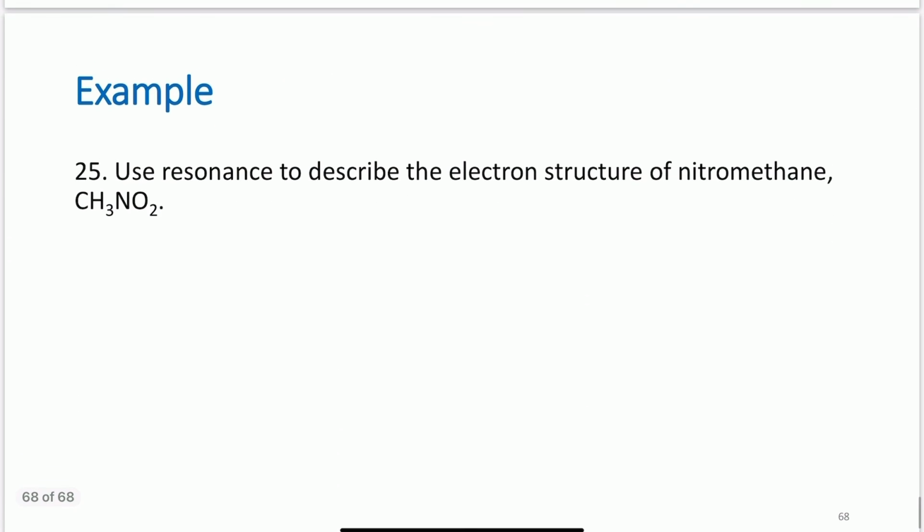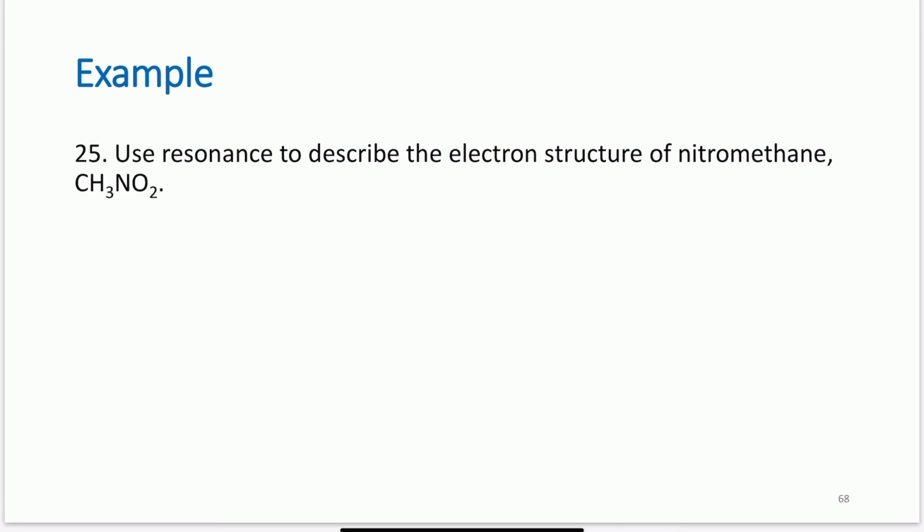And use resonance to describe the electron structure of nitromethane CH3NO2. So that is also drawn out the way it's connected. CH3NO2. The nitrogen is bonded to two different oxygens. This is one possible structure.